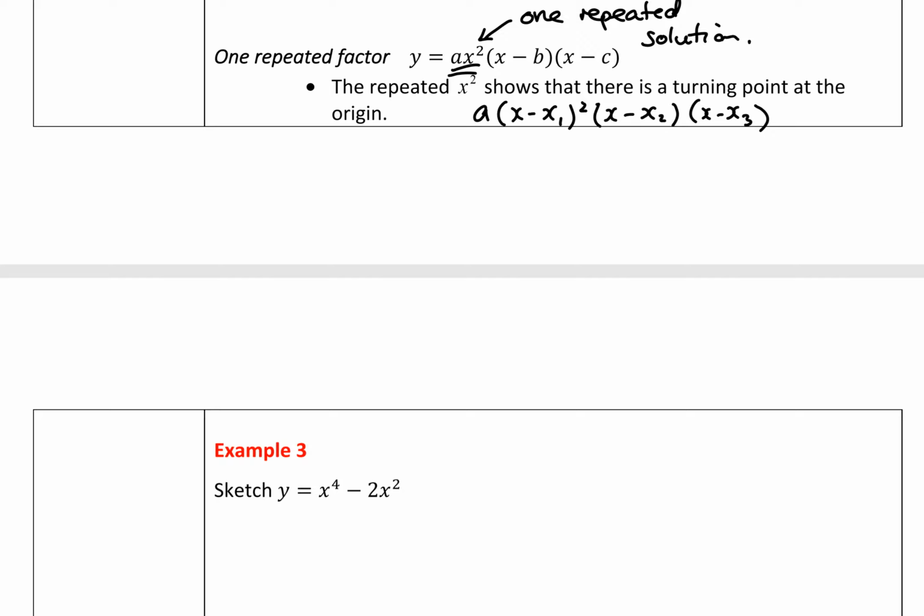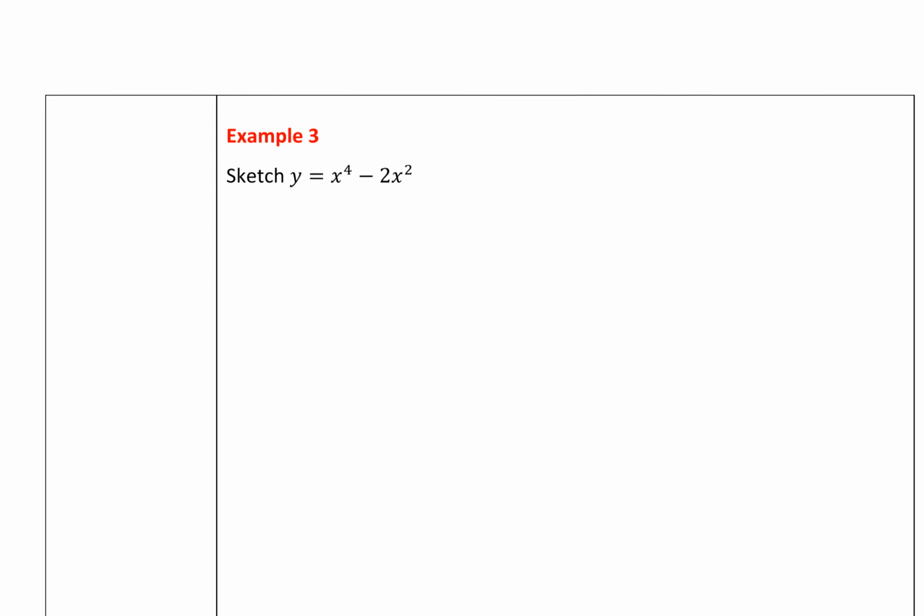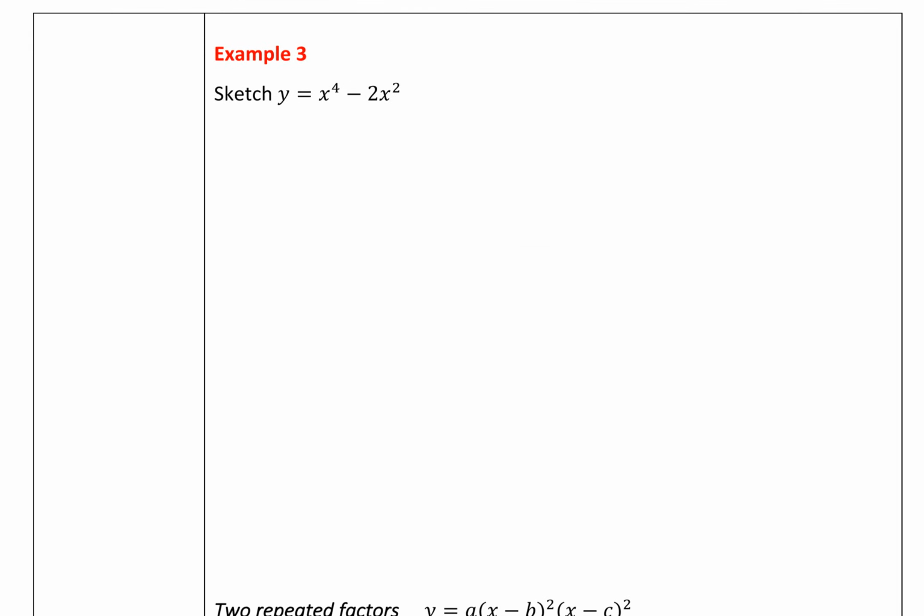So if I'm looking at y equals x to the 4 minus 2x squared, my first step would be to factorize this. Now the reason is, we want to factor the expression so that we're either in one of the two standard forms we've looked at. Either we're in a turning point sort of form, or we're in that intercept form.